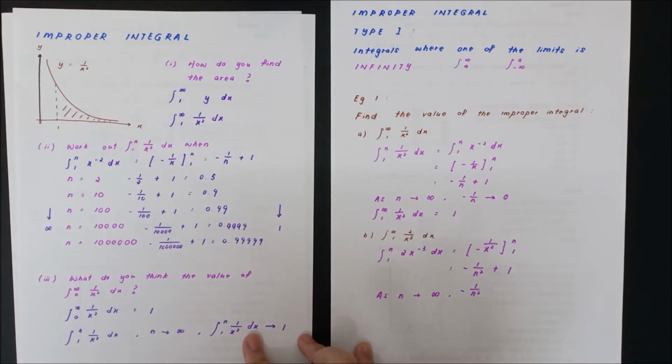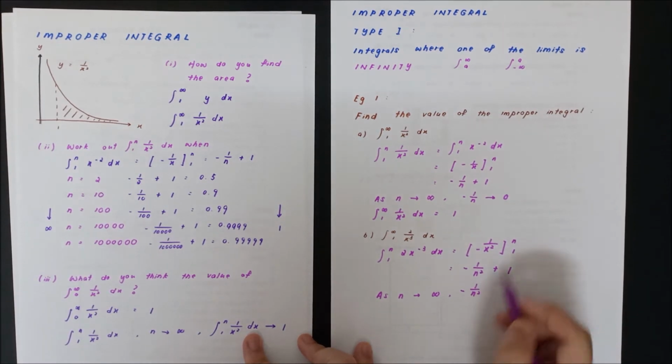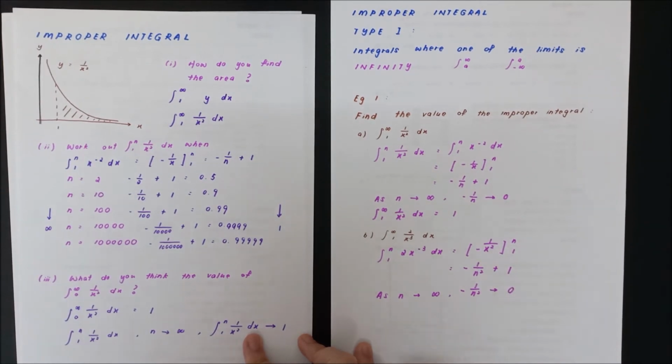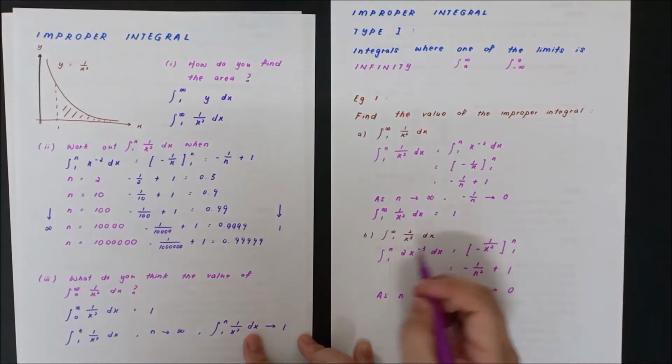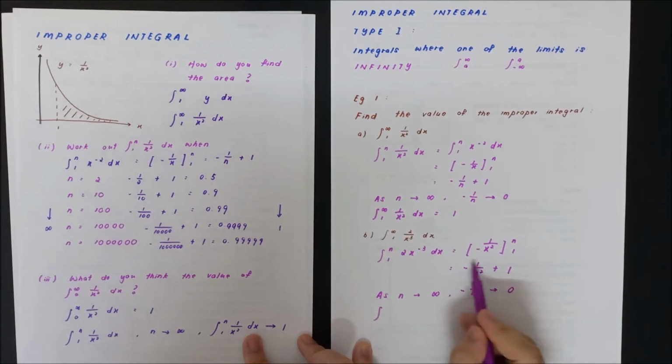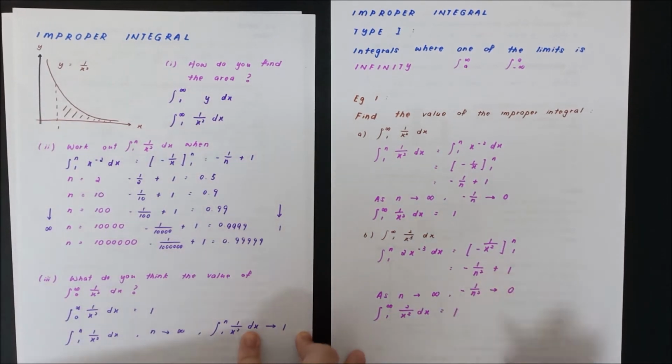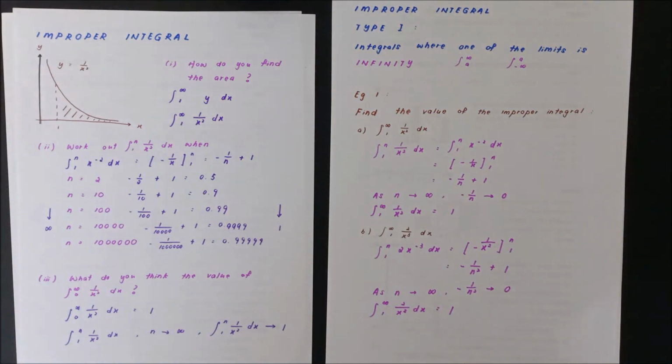A very big number, when you square it, is even bigger. 1 over infinity approaches 0 also, because a over n approaches 0. So as this one approaches 0, your answer will be left with only 1. So for this improper integral, your value equals 1 also.